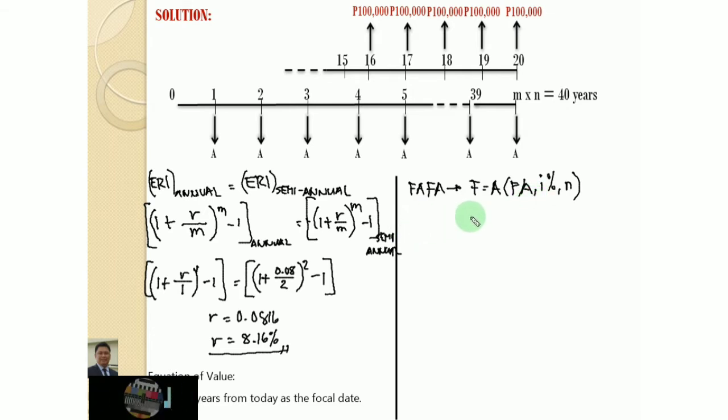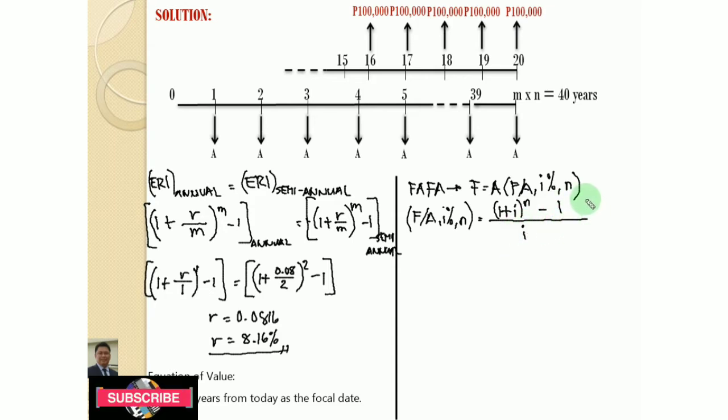So F given A at i% and n periods is just equal to (1 plus i) raised to the n minus 1, all over i.